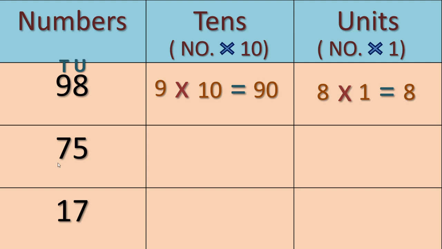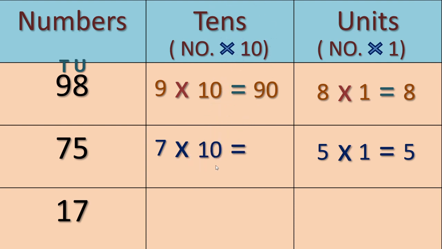Okay. Now we'll move to the next number. 5 is in unit place. So 5 multiplied by, yes, 1. Very good. 5 ones are 5. Correct? And 7 is in tens place. So 7 multiplied by 10. That is 70. Correct?